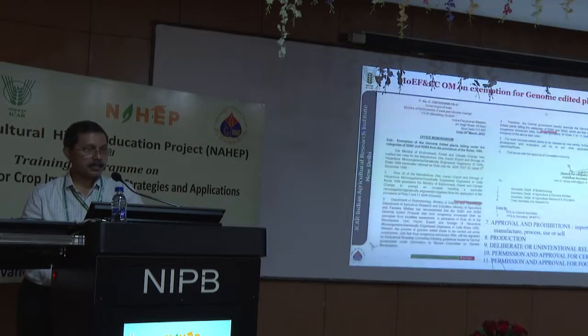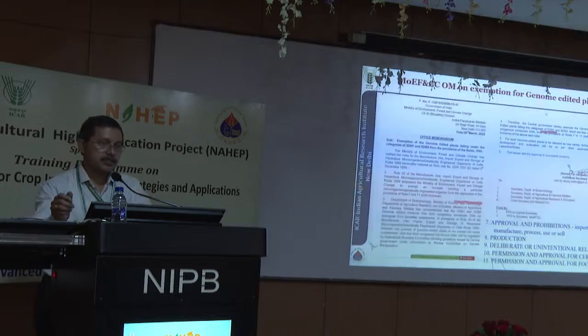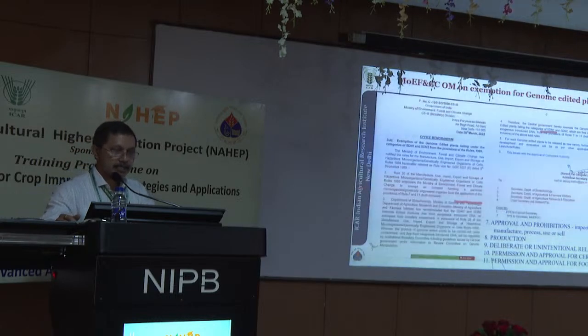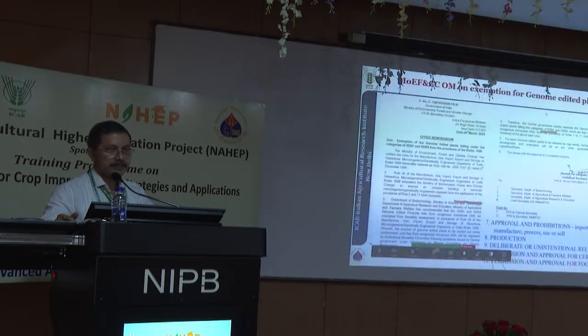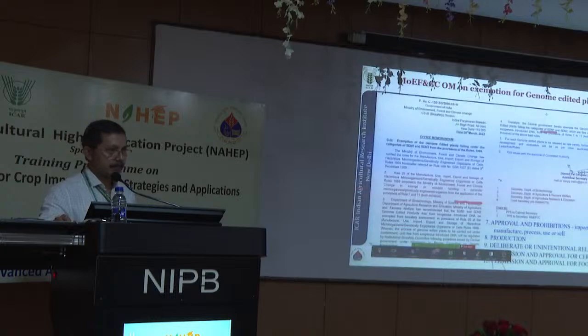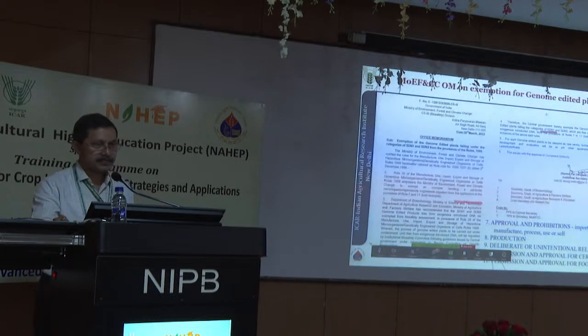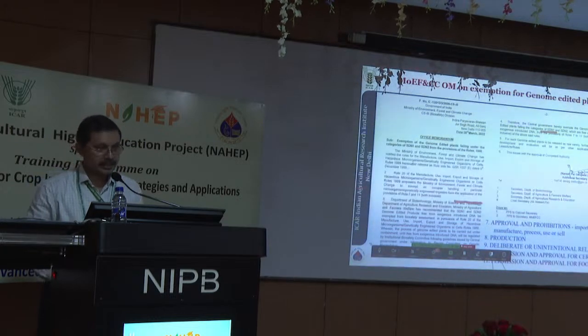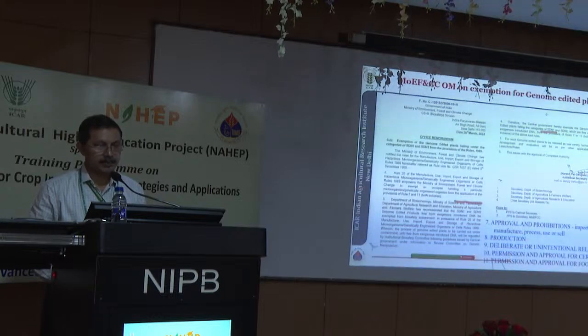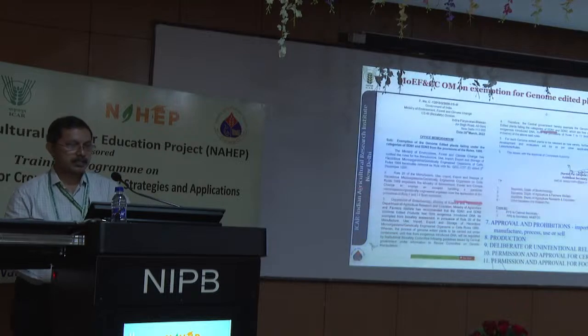These are indistinguishable from conventional mutants. So finally, the office memorandum came from the Ministry of Environment, Forest and Climate Change, because all GMOs are regulated under the Environment Protection Act and the Rules 1989, and they gave exemption for Rules 7, 8, 9 and so on.